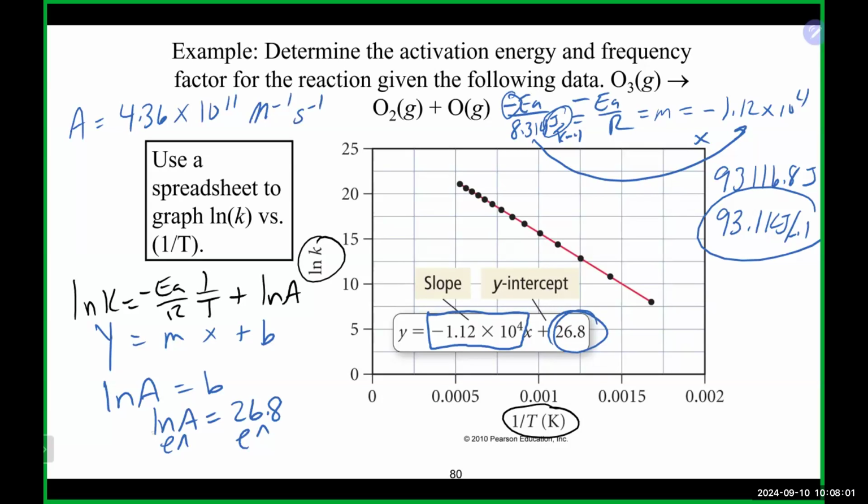That is because technically this is the natural log of k, and when you take the natural log, you basically get rid of the units. But we just took the e of it, which brings the units back to basically k. So we took the inverse of the natural log. Taking the natural log gets rid of the units, but then taking the e of it to solve for the frequency factor brings it back to the same units as the rate constant.